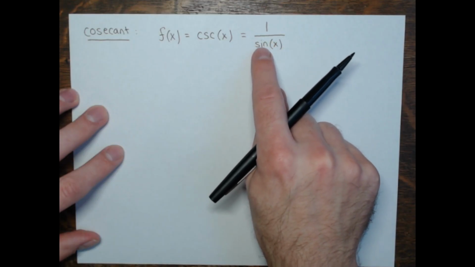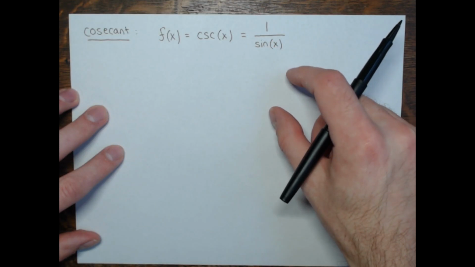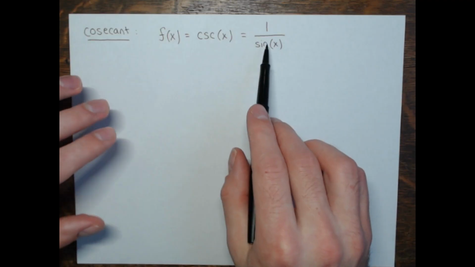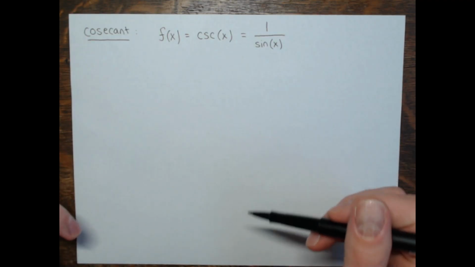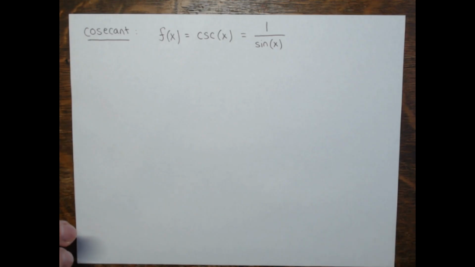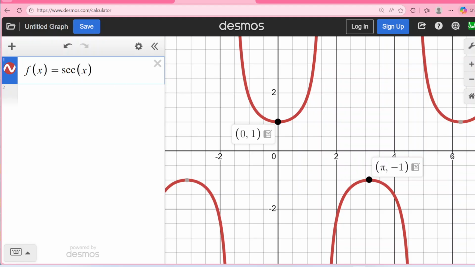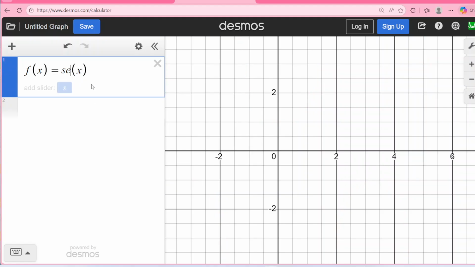And once again, since sine is always between -1 and 1, you're flipping those numbers over, taking the reciprocals. This will be 1 or greater, or -1 or less, but not between -1 and 1 anymore. So I see that here. So you got a very similar picture with the cosecant, right?